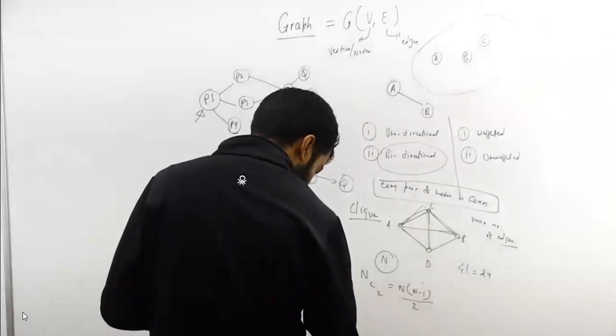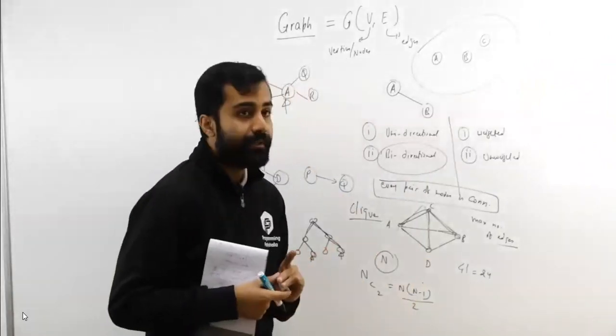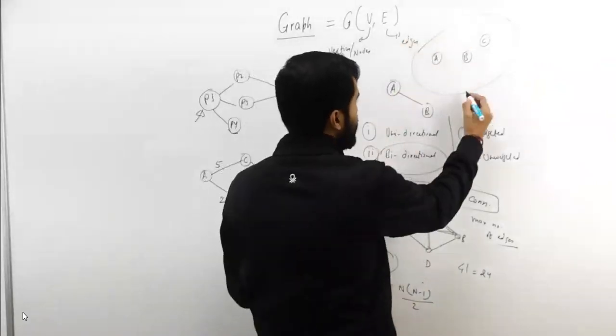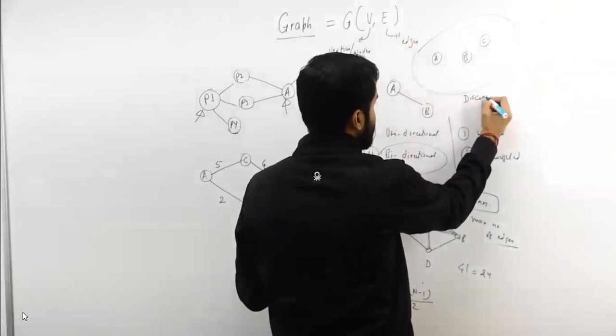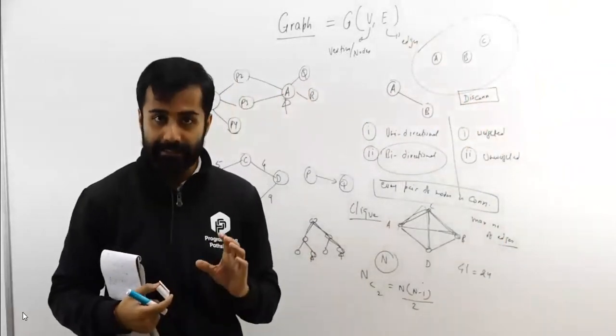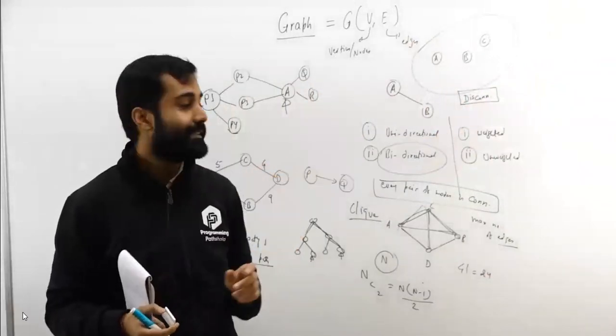However, an important thing that I wish to tell you is that such a graph is a disconnected graph. It is very important to understand what a disconnected graph is, but before that, we should understand what a connected graph is.